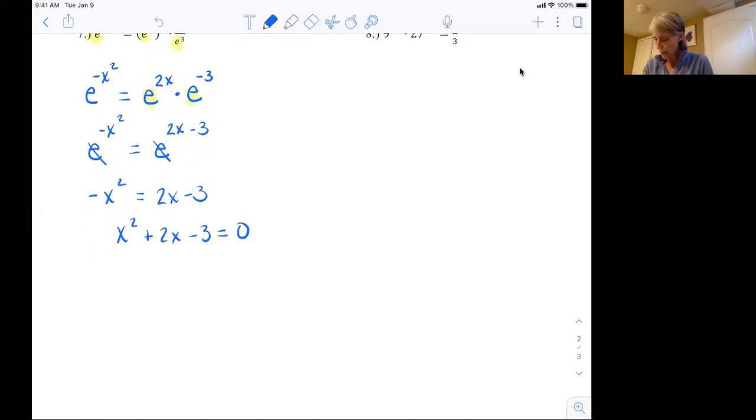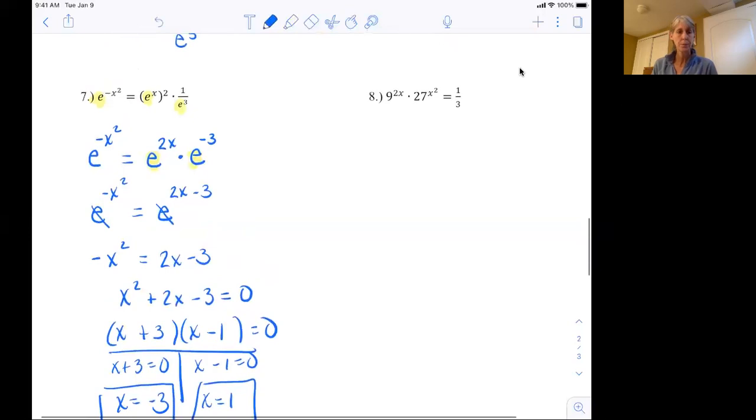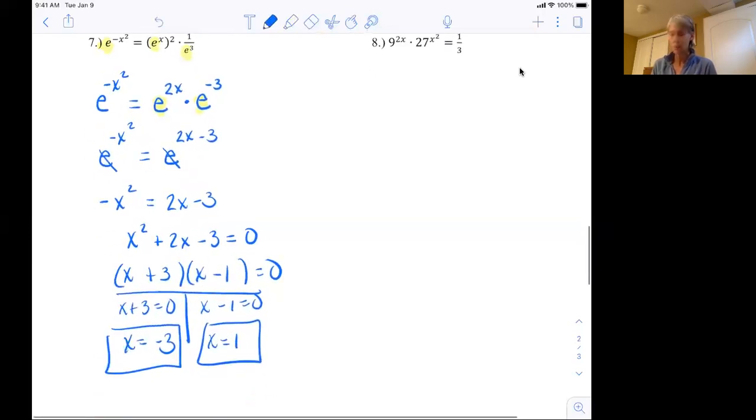And now I can factor this to solve it. Plus 3, minus 1. I have two solutions, x equals negative 3, and x is going to equal 1. Okay. Okay, that one's a lot of work.